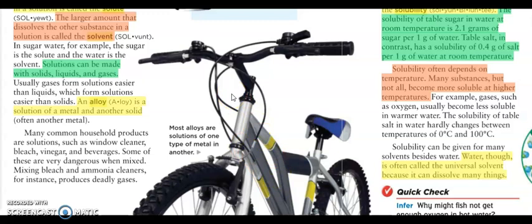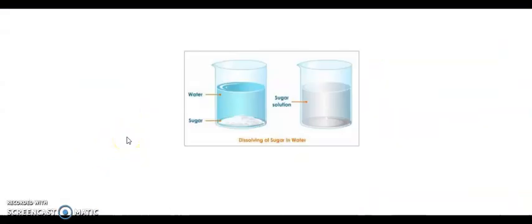So we can say a solution can be made with solids as an alloy, can be made with liquids as the sugar and water solution, and can be made with gases as the clouds example. Okay guys, right now let's talk about solution limits.